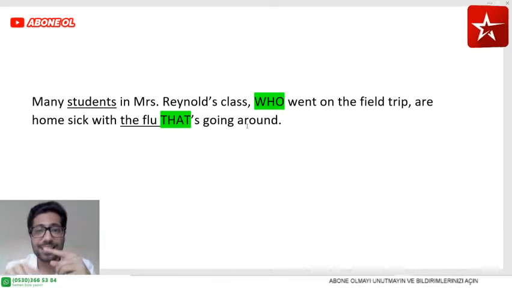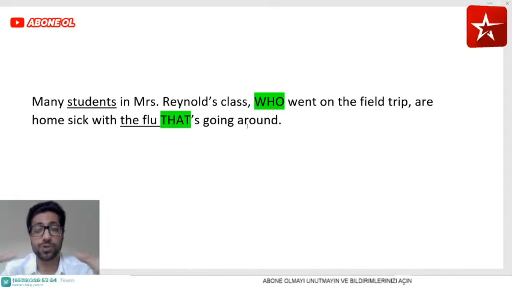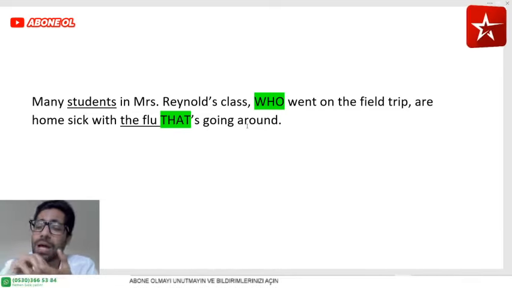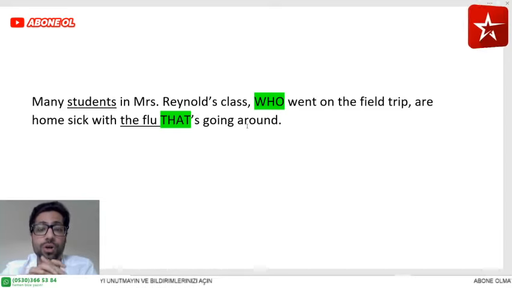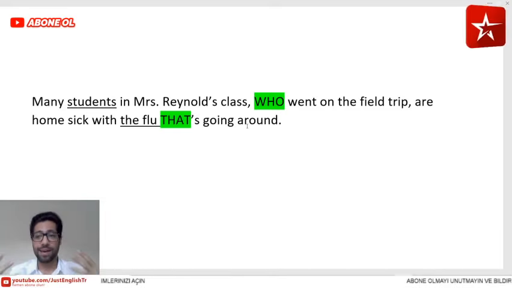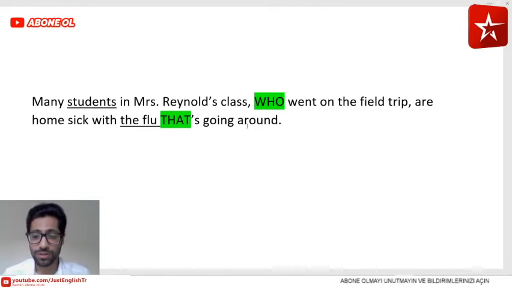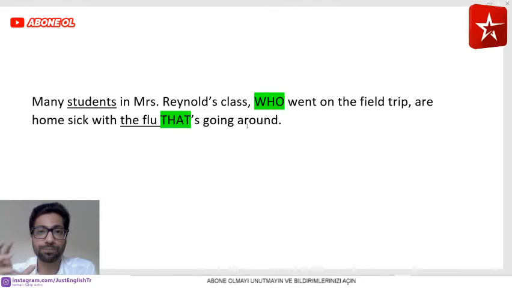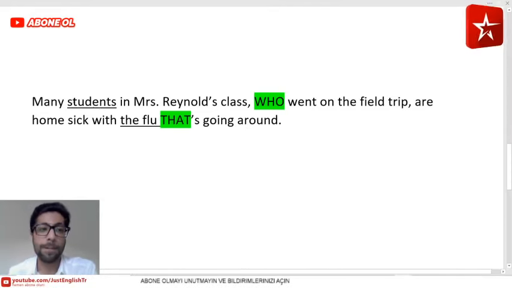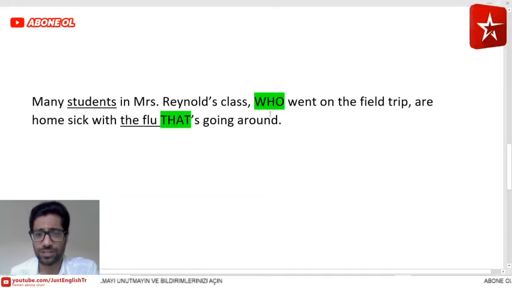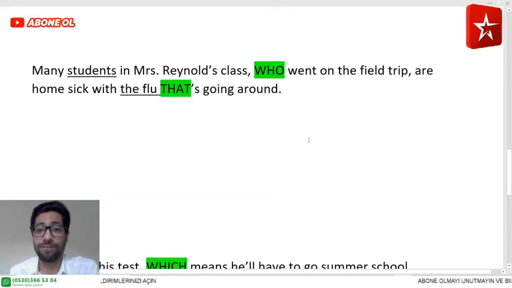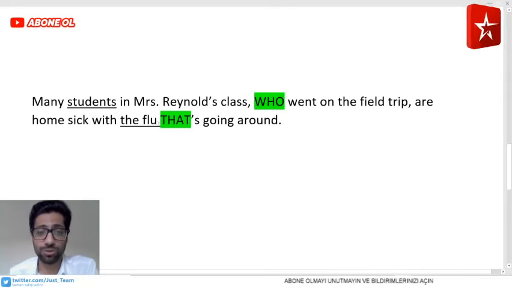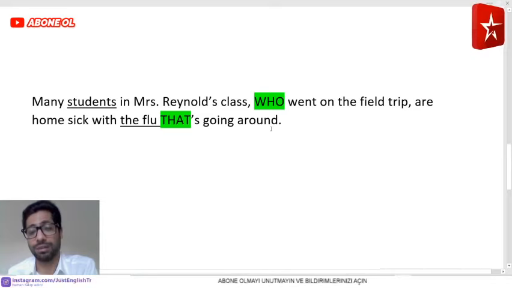But remember, the more adjective clauses you use in a sentence, the more confusing it is for the reader. So what we're trying to do is make everything less confusing so that we can understand the concept. So many students in Mrs. Reynolds' class who went on the field trip are homesick with the flu that's going around.